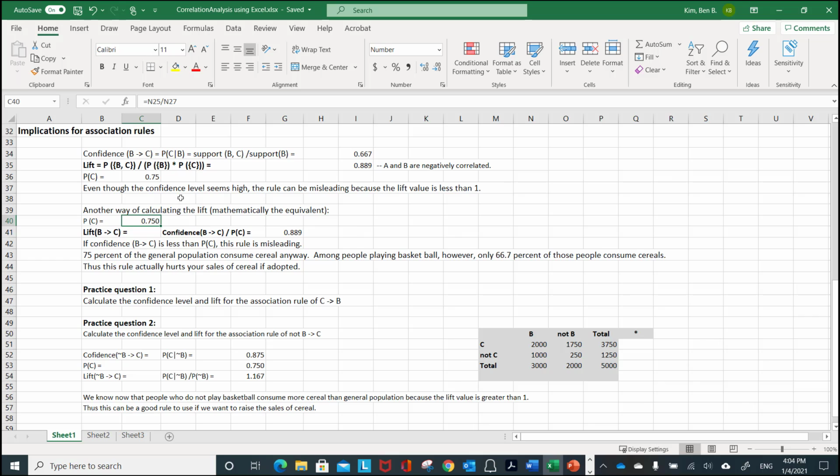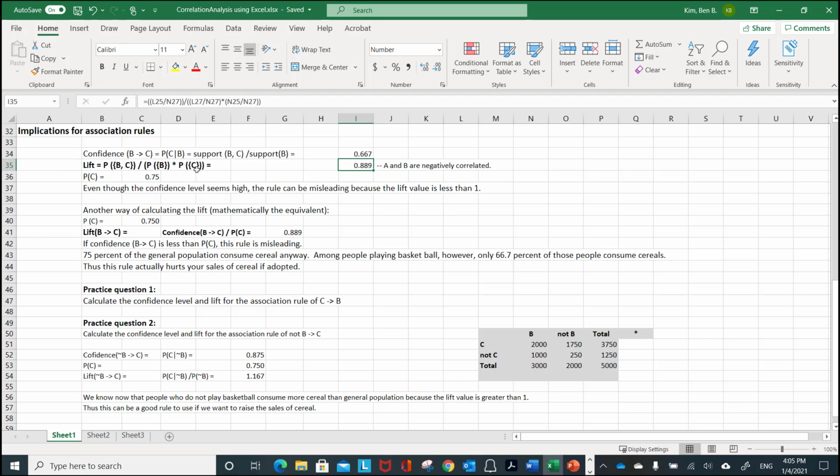Okay, so to calculate the lift, what you want to do is you divide the confidence by this probability, the general population probability. So confidence is this number, 0.667, and the probability for cereal is 0.75. So that is 0.889. So it's mathematically the same. Whichever you like.